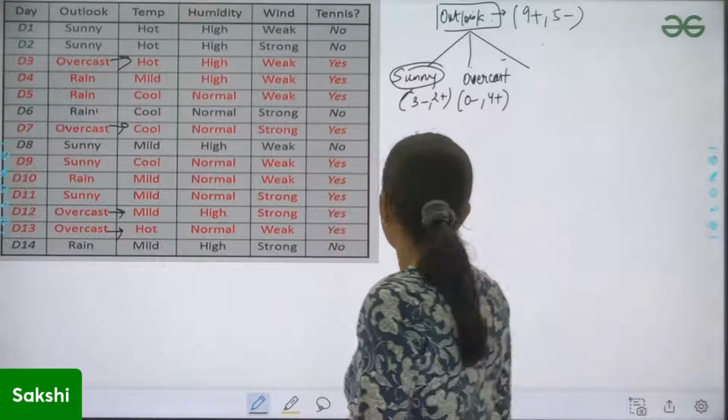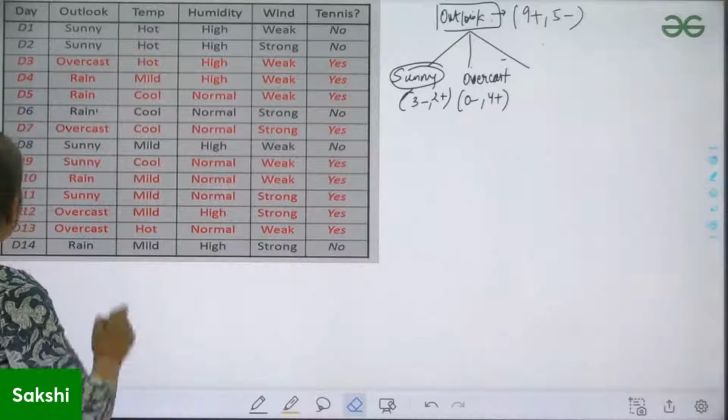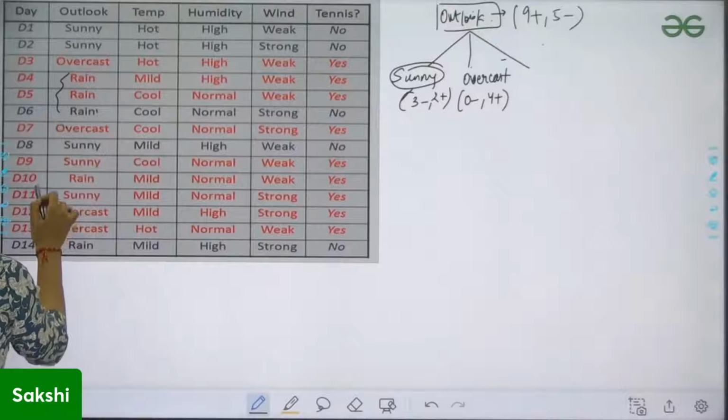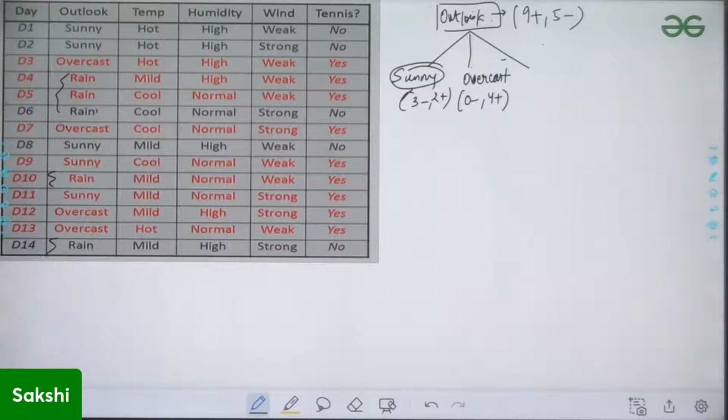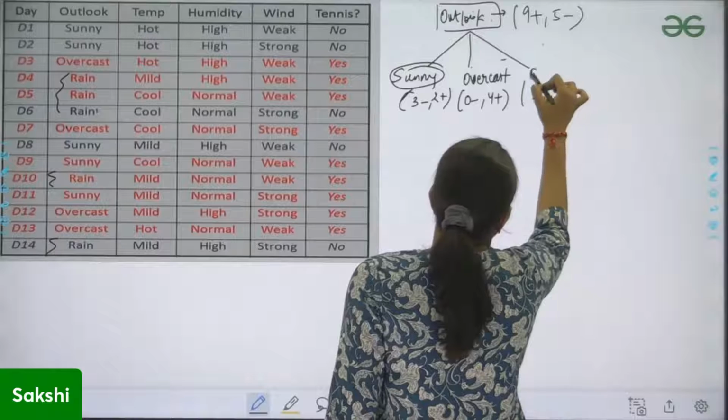And let's talk about rain. We have these 3 are rain, this one is rain, and this one is rain. So we have again 5 rains. Out of those 5 rains we have 3 yes and 2 no's. So that means 3 positive and 2 negative in case of rain.